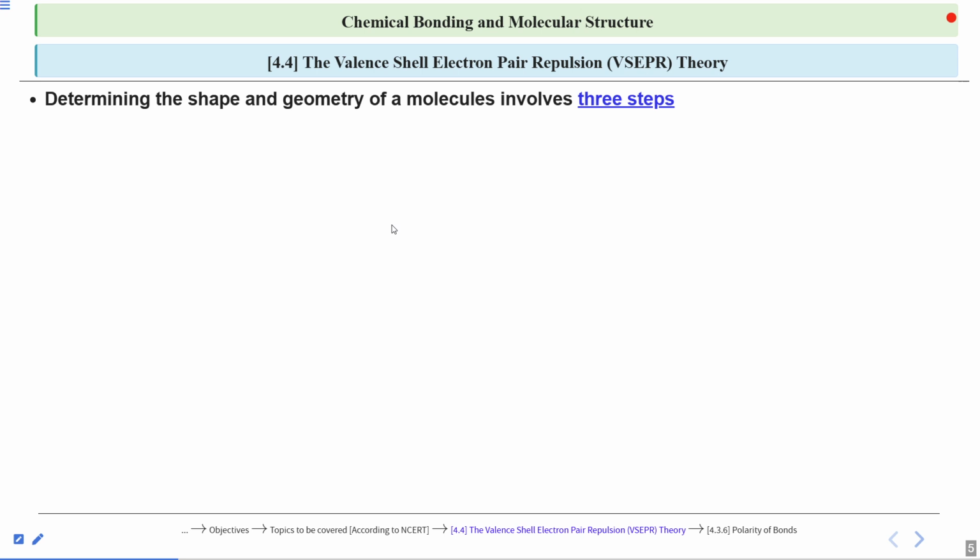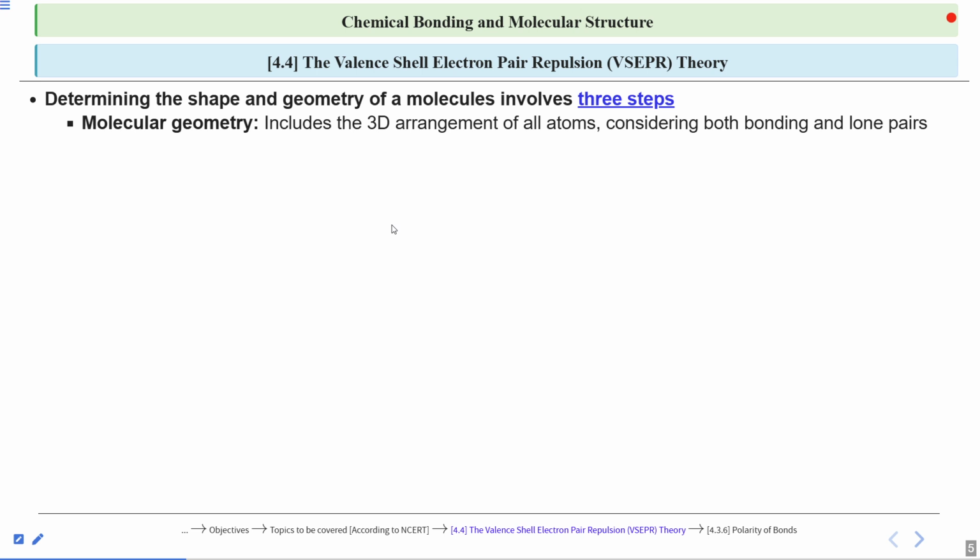So there are three simple steps that you can use to do the same. Now in this, two things are to be determined. The first is molecular geometry, and it includes both the bonding pairs and the lone pairs.